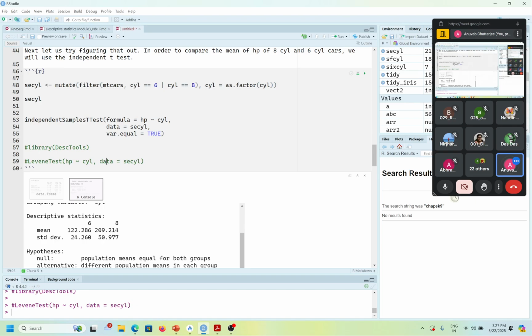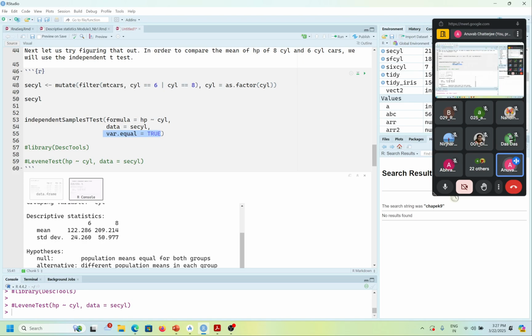So variance is essentially how far away all the data points are from the mean of the distribution. When you say variance equal to true, you say that the two data sets that you are comparing, the 6 cylinder one and the 8 cylinder one, both have similar or equal variances.